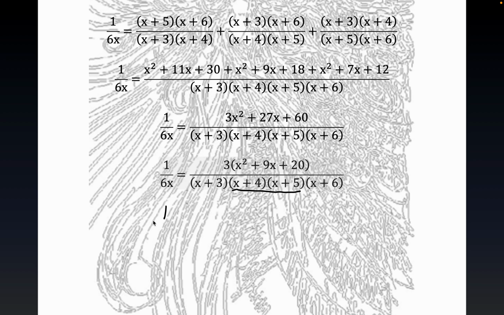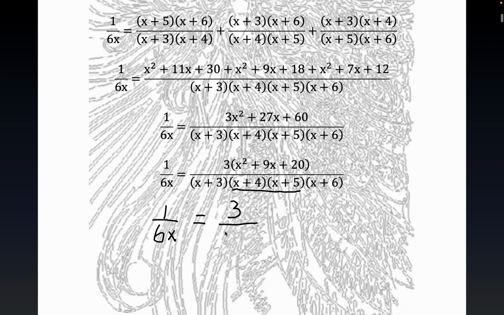You have 1 over 6x equals, and again, as I mentioned, these two objects are the same thing. So you have 3. I don't know if it's necessary to multiply this out or not. I guess it wouldn't hurt.